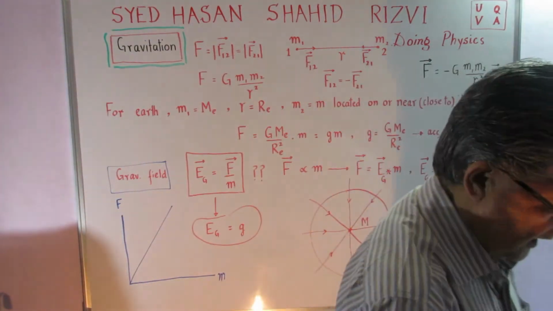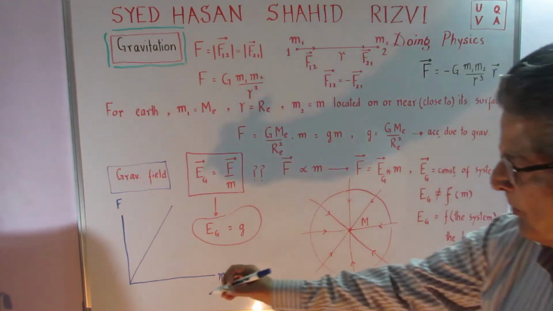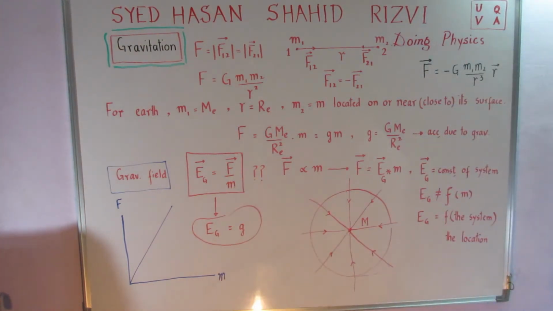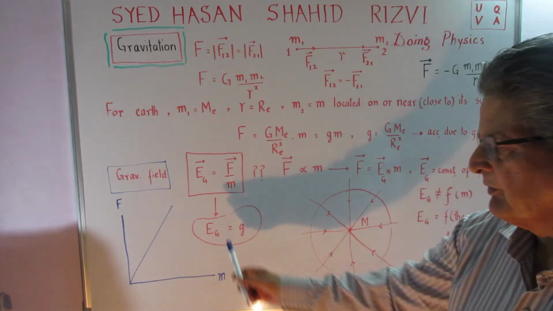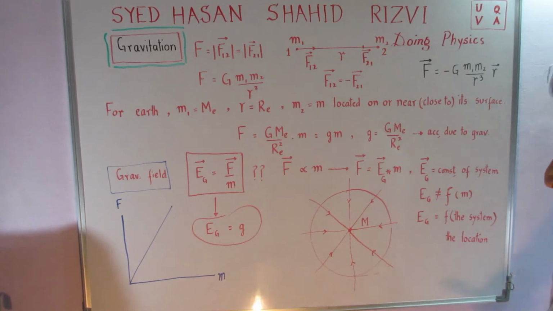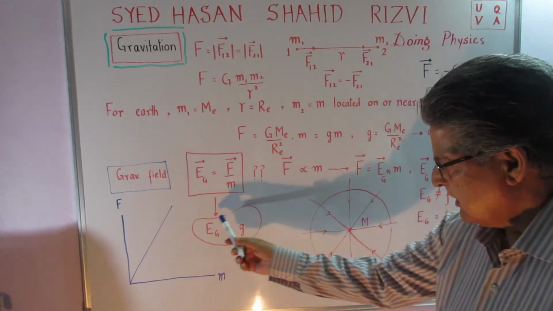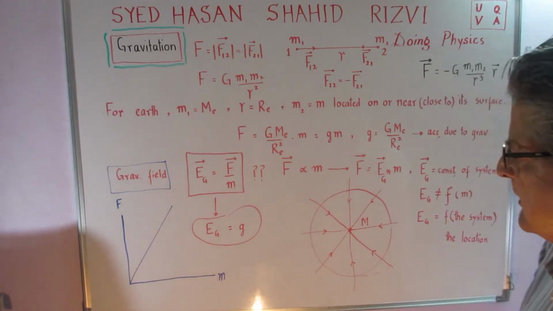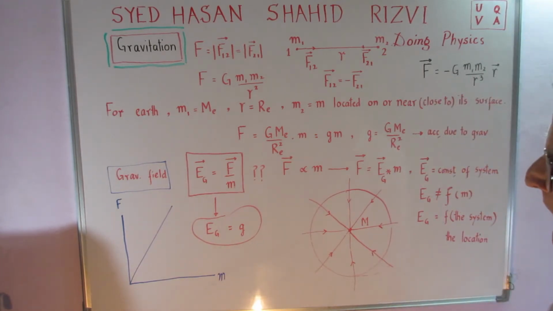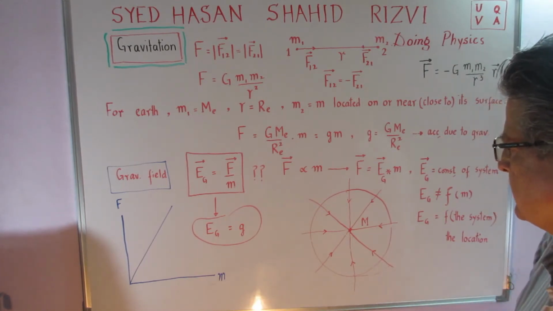But for the system as it is, the slope of this graph gives us the value of Eg, which is nothing else than the small g, because I am just taking the scalar values, but we define here and we find it like this.